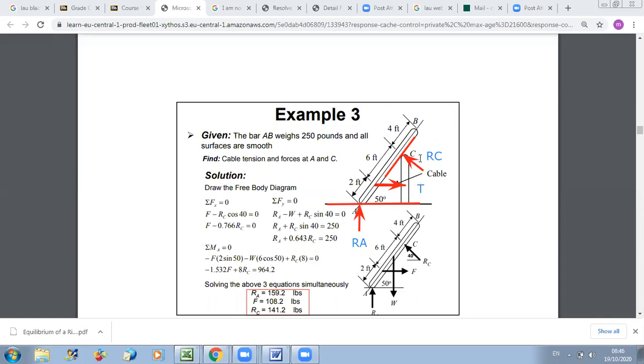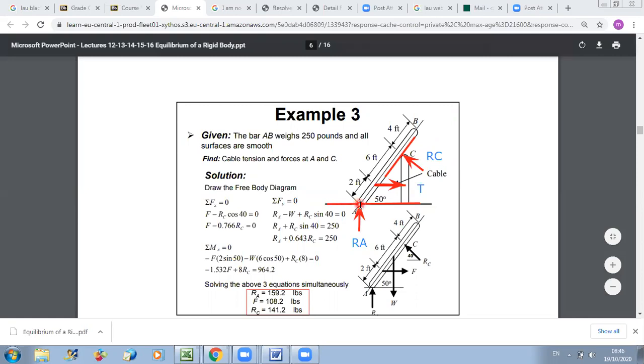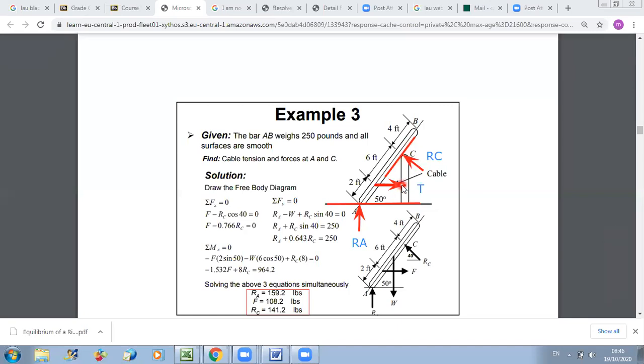So for example here, let us try if we can find one of the forces by one equation directly. If we do sum of moment about A, we have two unknowns, T and RC. If we do sum of moment about C, we also have two unknowns, RA and T. So there is no possibility by a moment equation to have only one unknown.